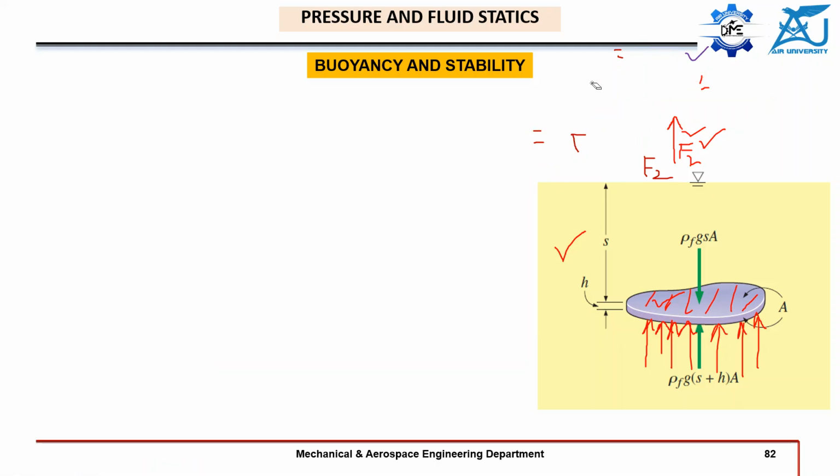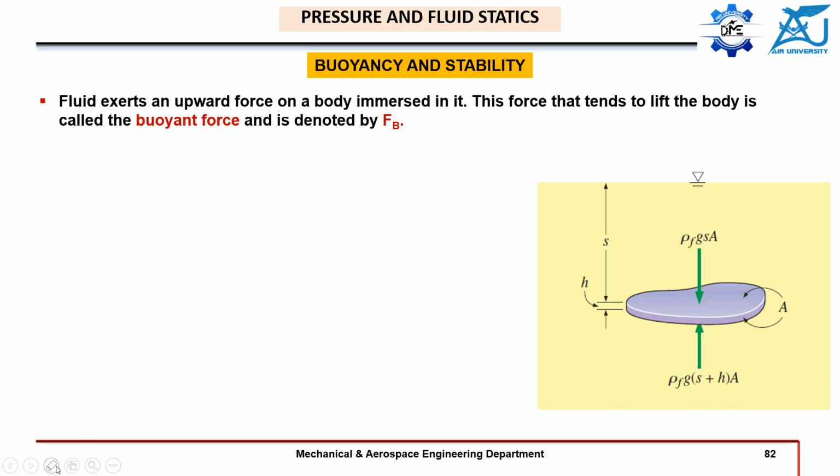Okay, so let's see its mathematical expression and how we can correlate it with the fluid. A fluid exerts an upward force on a body immersed in it. That upward force is actually F2 minus F1. This force that tends to lift the body is called buoyant force and is denoted by FB.